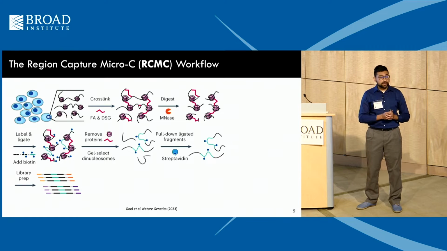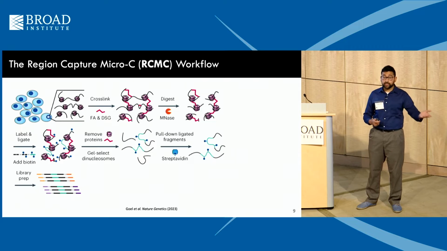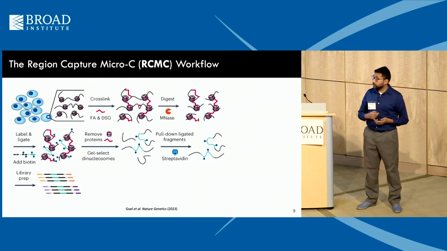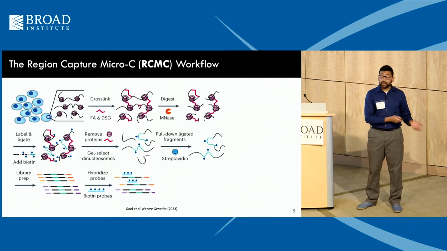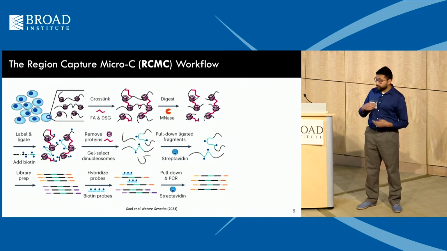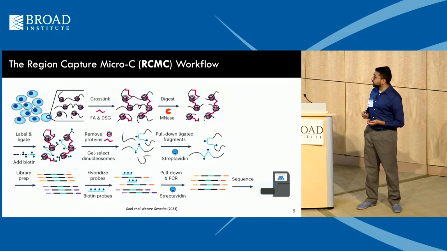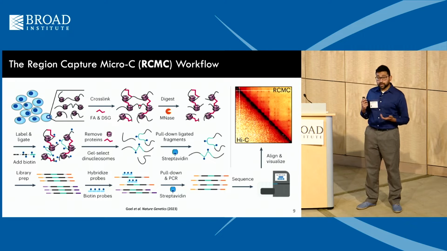So this library is an extremely high complexity Micro-C library that you could sequence right then and there, or you could perform target enrichment using probes for regions you care about, and ultimately, after one final round of amplification, put that on a sequencer and come out with contact map data.